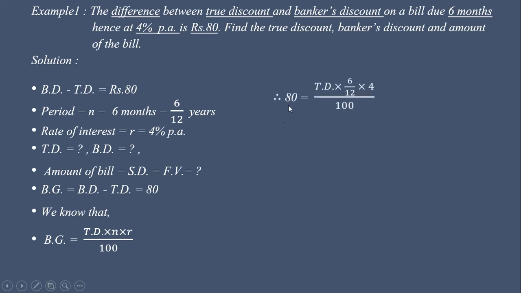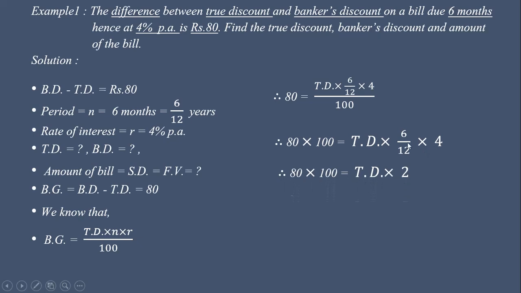So we get banker's gain rupees 80 is equal to TD into 6 upon 12 into 4 upon 100. Transferring 100 to this side, 80 into 100 is equal to true discount into 6 upon 12 into 4. 6 4s are 24 upon 12, we get 2. So 80 into 100 is equal to TD into 2.